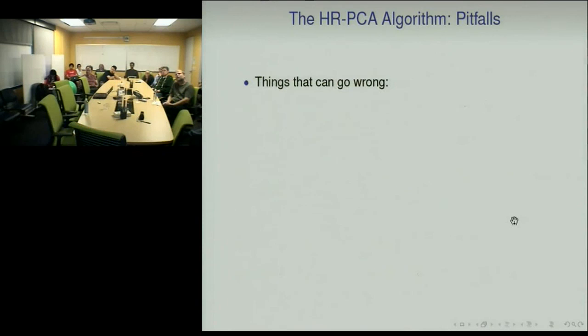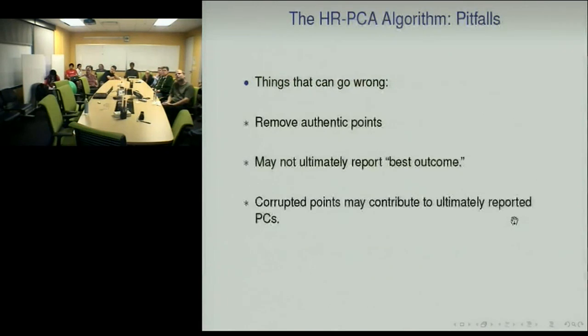So what can go wrong? You can remove authentic points, and you will remove authentic points, but as I said, it's not a big deal. You may ultimately report something which is not the best because you threw away some points, and you can also have corrupt points that remain in your data set and may contribute to the reported PCs eventually.